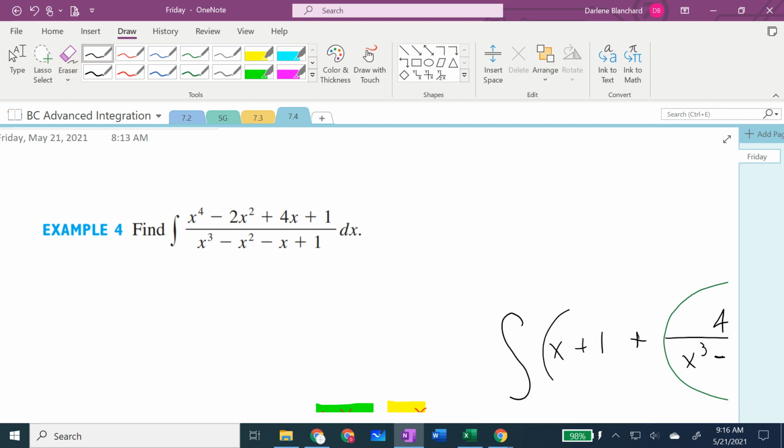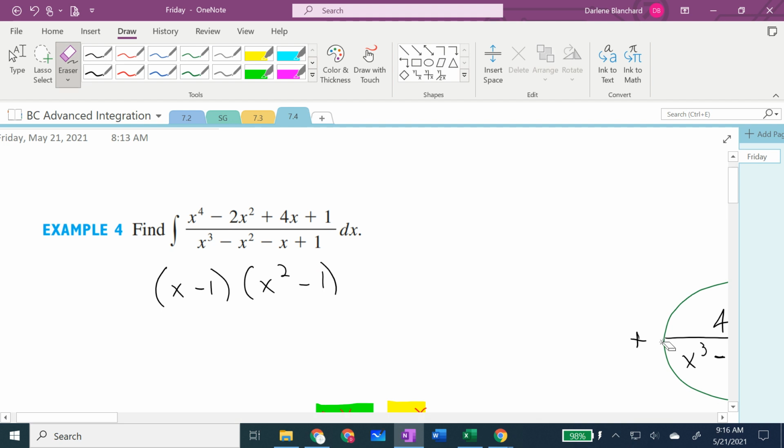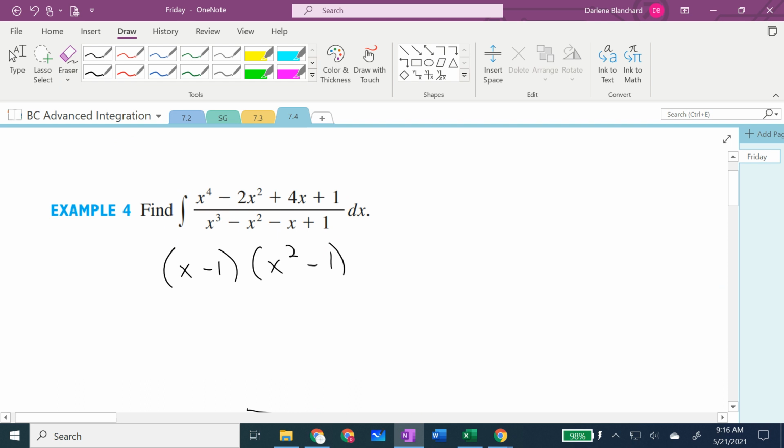So this denominator factors into x minus 1 times x squared minus 1. And there is a way to deal with this in this format, but the integration is always more complicated with a quadratic denominator. Let me explain this.